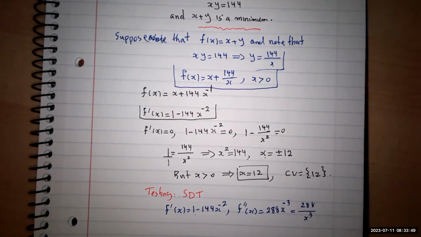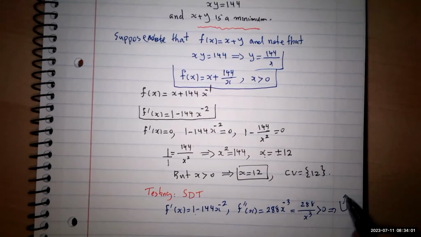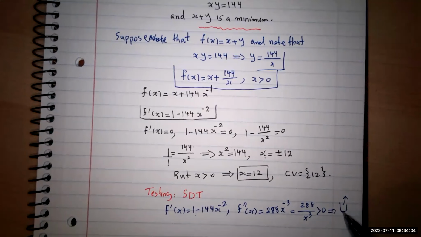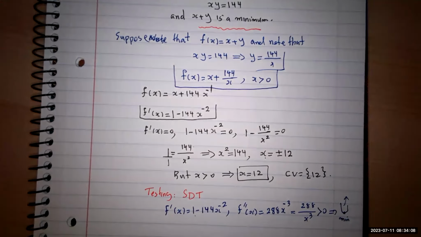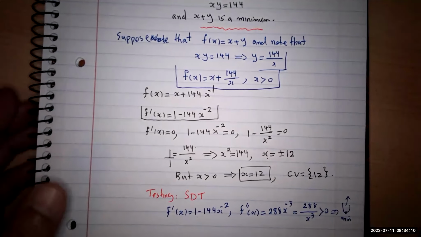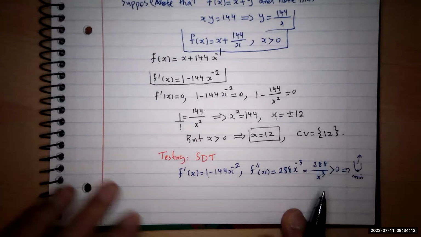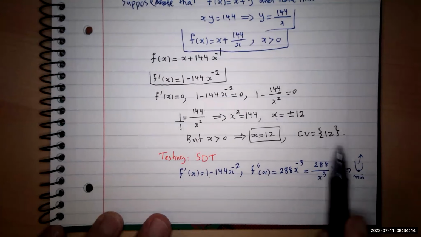Remember, x is a positive number, so this is already positive. f double prime positive means concave up, and concave up gives you a minimum. You have to test it, remember. Any questions? So x equal to 12 gives us a minimum.